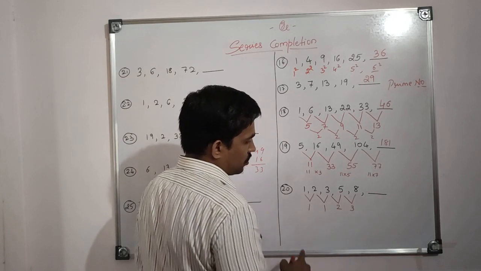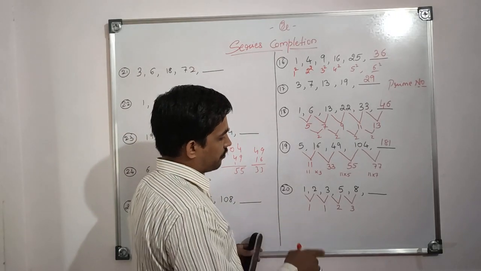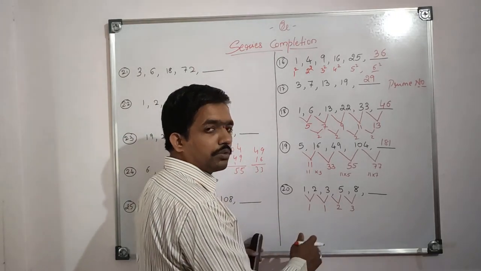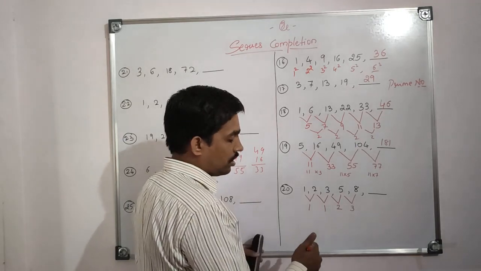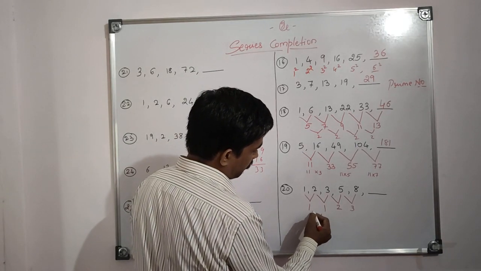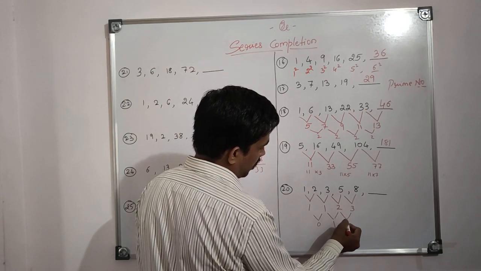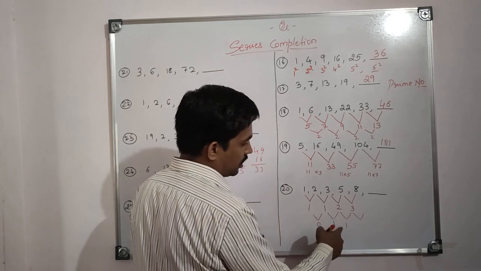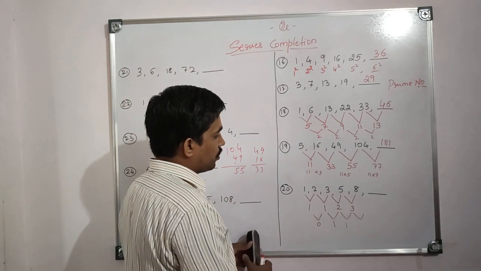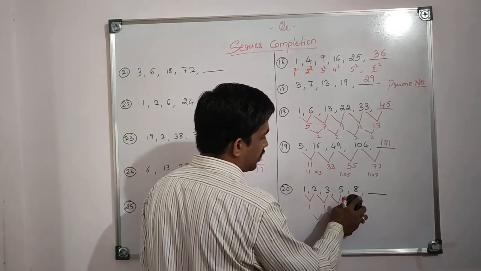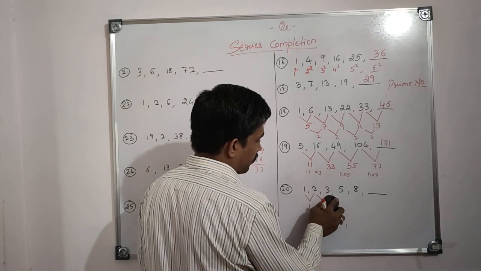And here 3. So are you getting any common difference between these numbers? Any common pattern? So see, one more time. 1 minus 1, 0. Here it will be 1. Again it will be 1. So is it any proper pattern? No. For this question, we can't take differences.